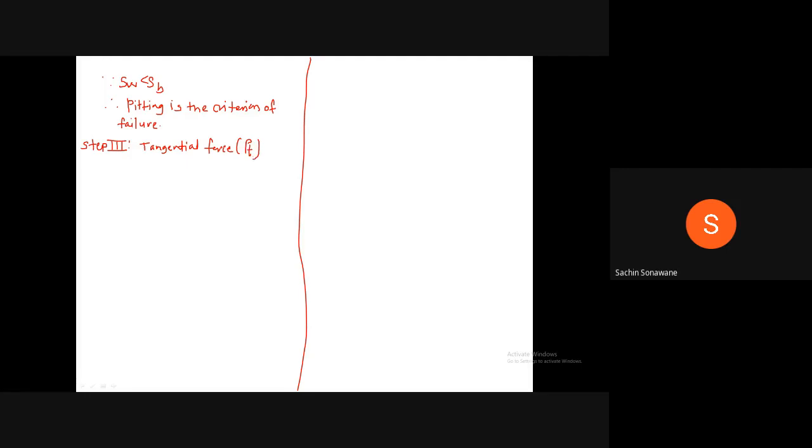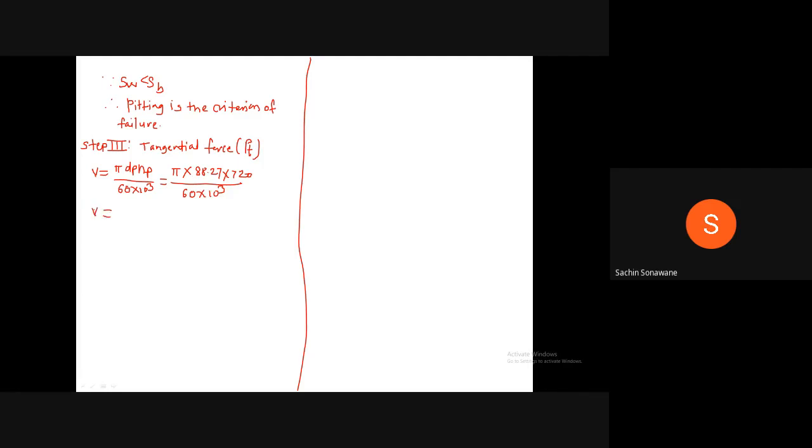Now, we will determine first of all pitch line velocity V. Therefore, write down here V is equal to pi dp np upon 60 into 10 raised to 3, which is equal to pi into 88.27 into 720 divided by 60 into 10 raised to 3.